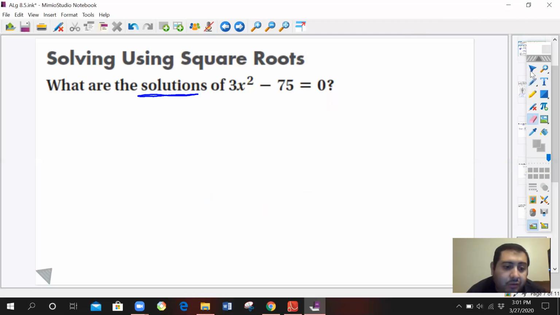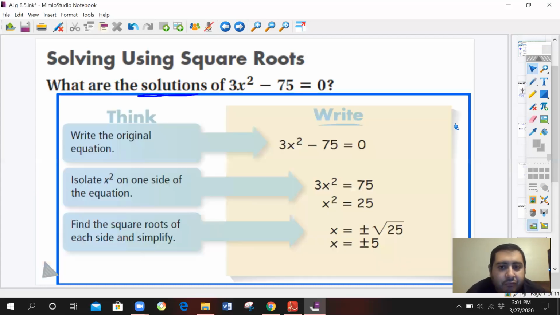I'm going to show you the information I went through, in case you want to pause it so you could read it more clearly besides what I wrote. Remember, the plus and minus must be in there. Pause it if you need to review it. Let's move forward to the next one.